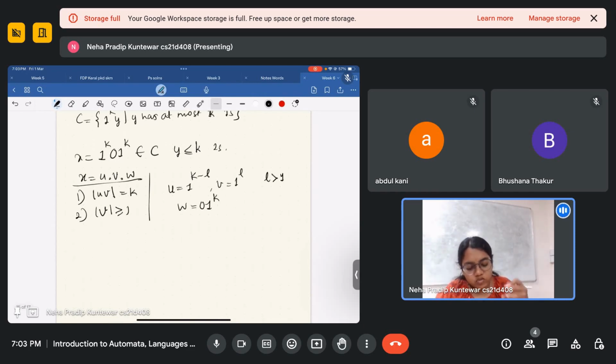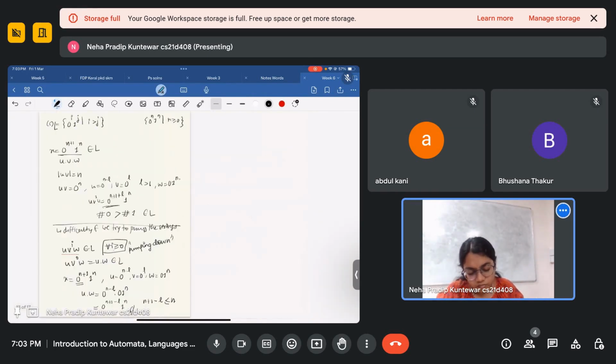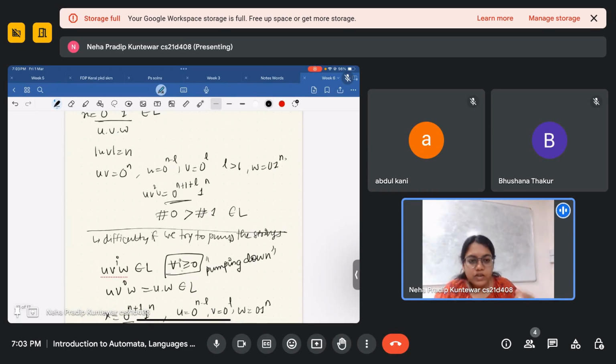Okay, now let's do pumping. But like we saw in the previous example, where the number of zeros preceding had to be more than the following number of ones, if we try to do the normal pumping up by doing u v squared w, then this was not working.